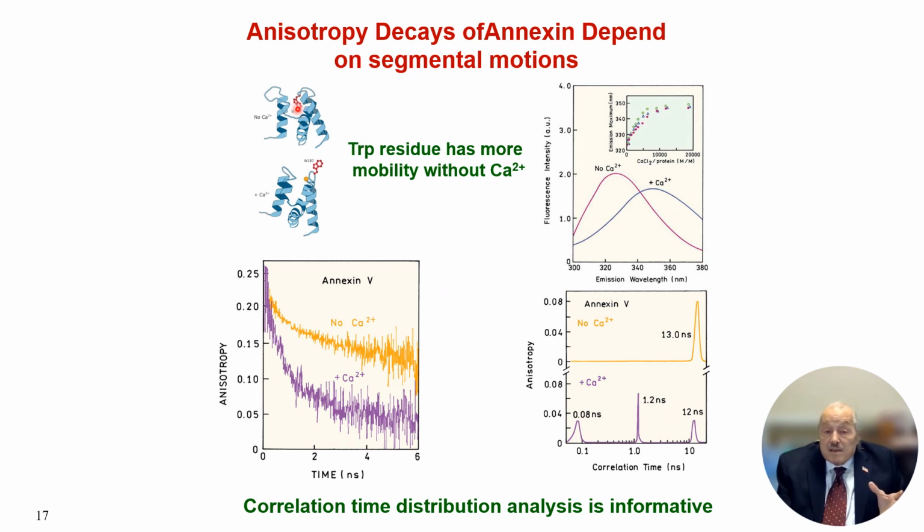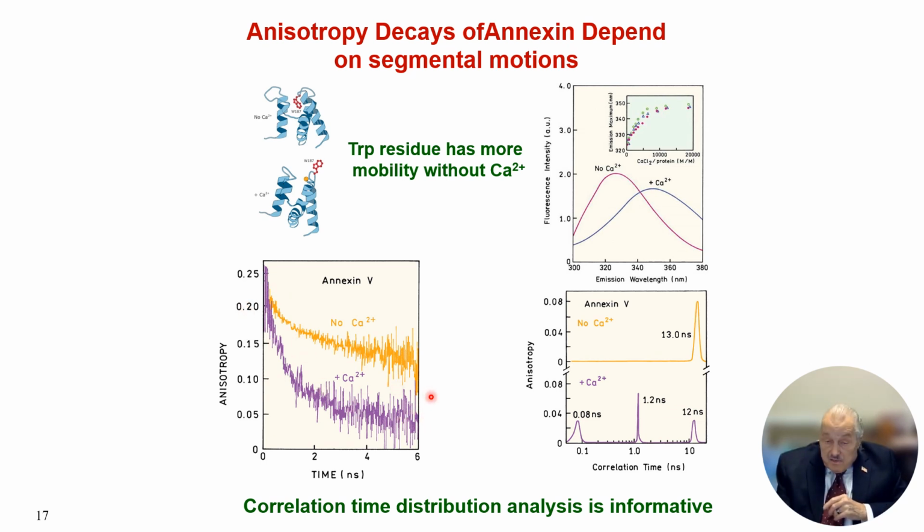Where there's no calcium, we expected less freedom of motion, and that's exactly what we observed compared to the case with calcium where the protein has popped out the tryptophan into the aqueous phase.